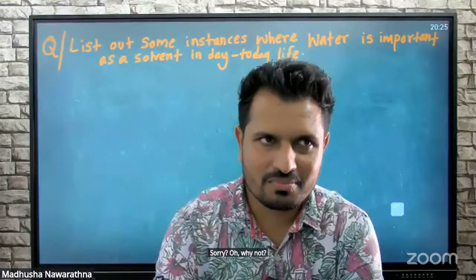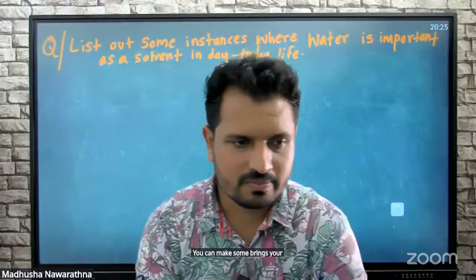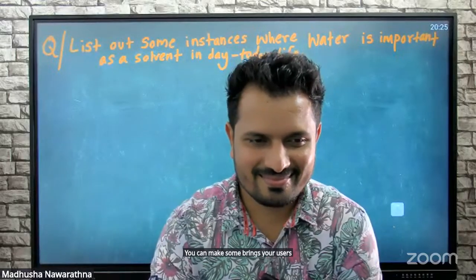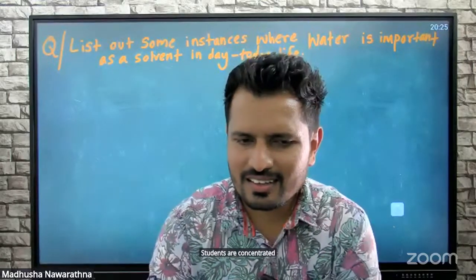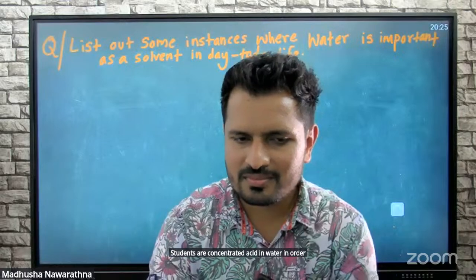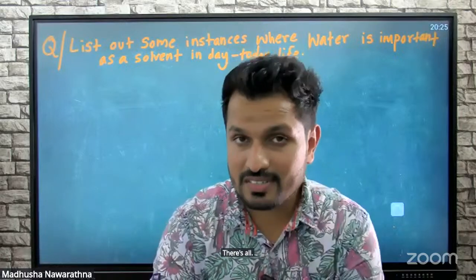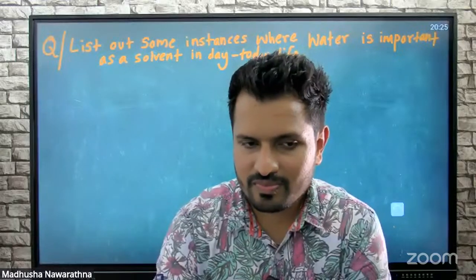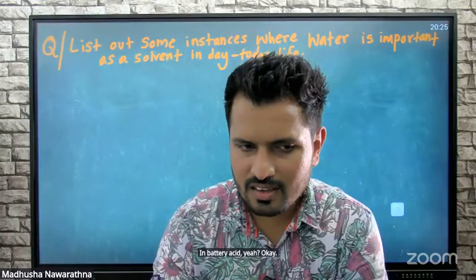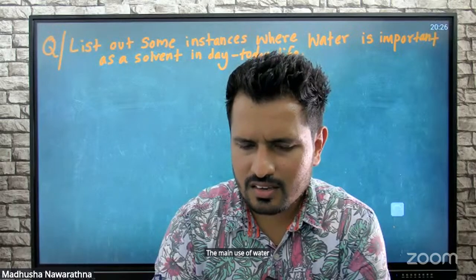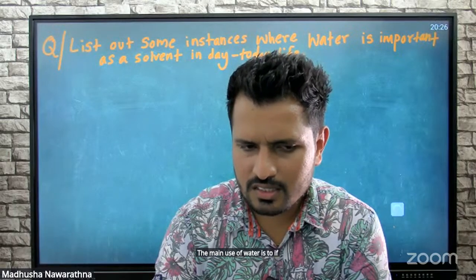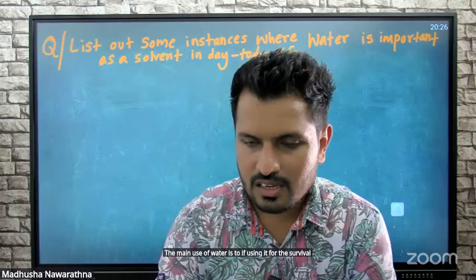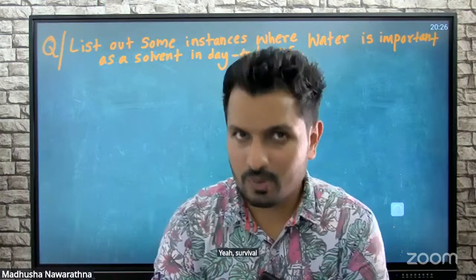We can make some drinks or juices. Concentrated alkaline water in order to prepare battery acids, yeah, okay. The main use of water is for the survival of many animals and plants. Yeah, survival of animals, okay. Is that a day-to-day one?